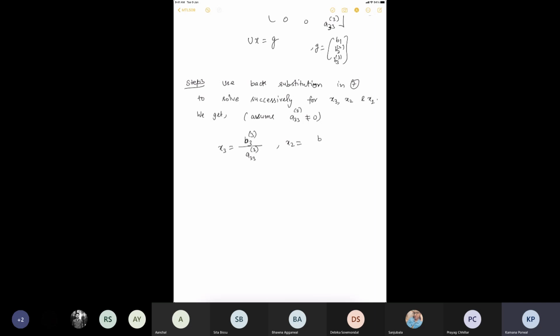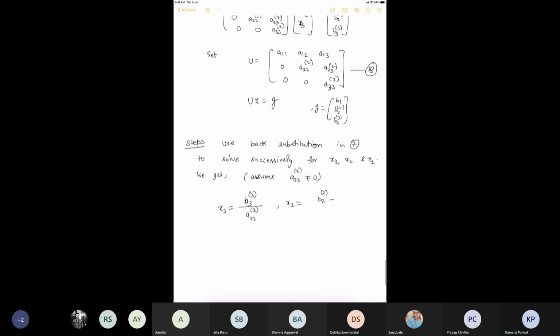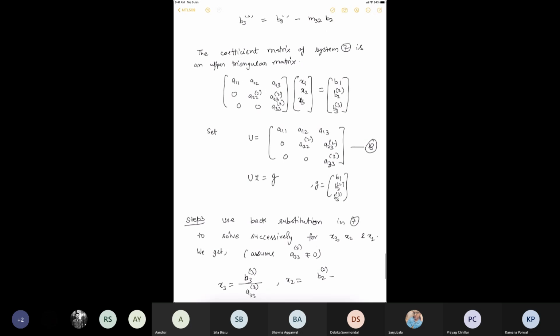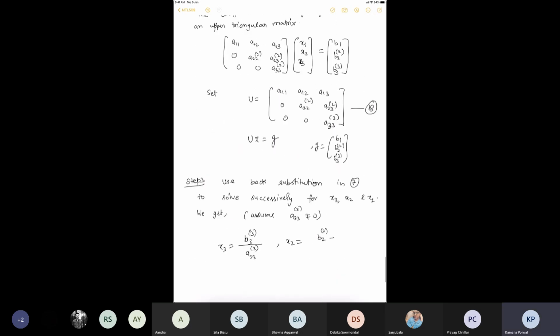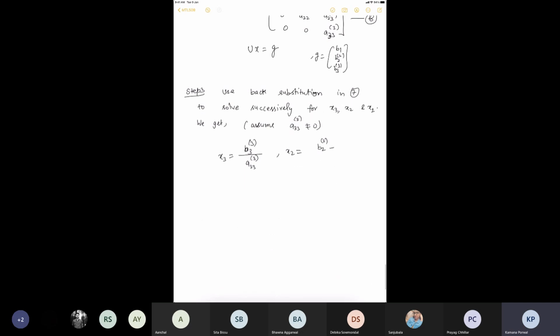And then x2, you can solve it from the second last equation. So this is going to be B22 minus, so we will have A22 going that side, A23 times x3, divided by A22.